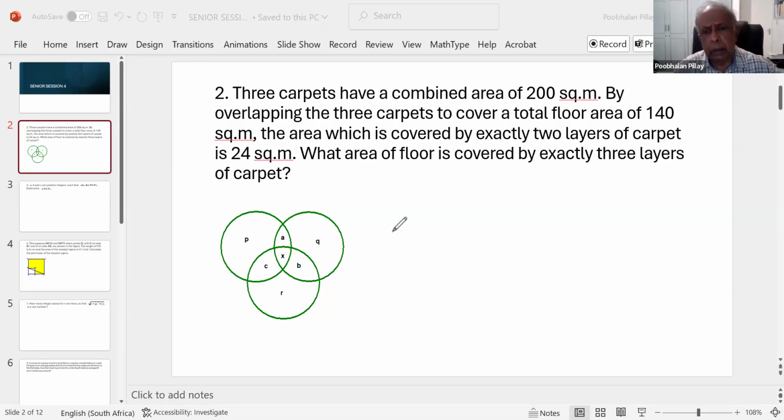Okay, that's understandable because now you've got a lot of carpets sitting on top of each other, and some of the area is being reduced. Now, the area which is covered by exactly 2 layers of carpet is 24 square meters.